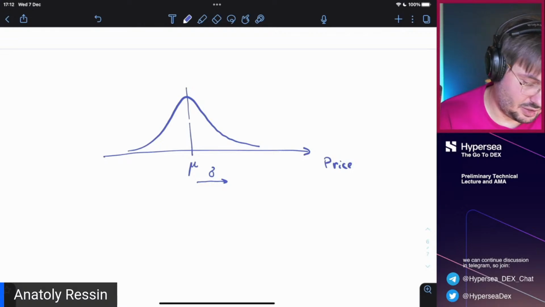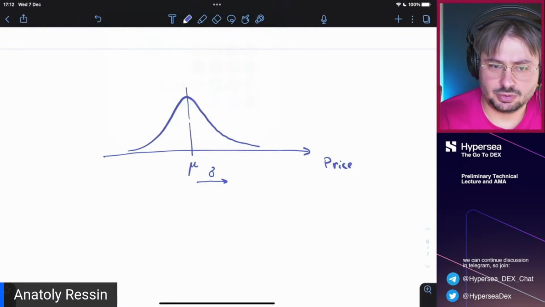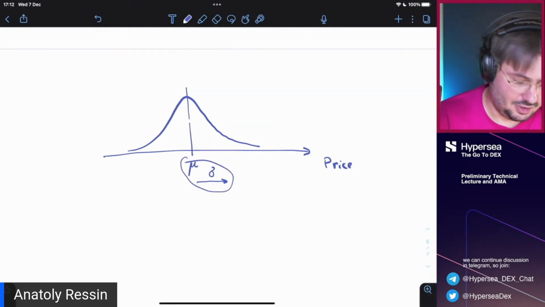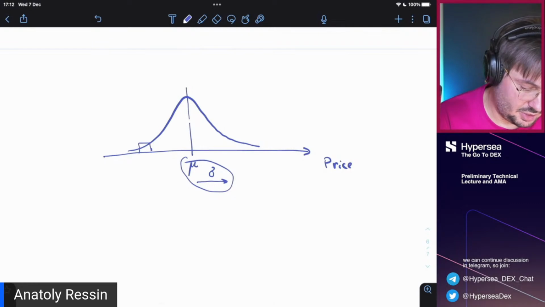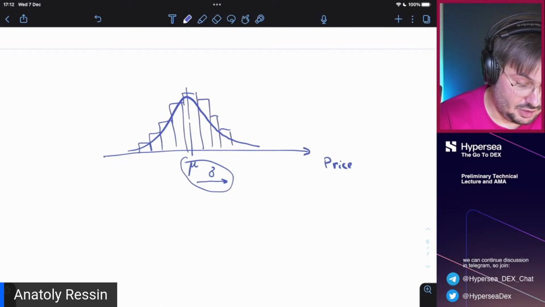And for Uniswap, if you want to distribute this liquidity, you need to calculate these things. Then you can calculate some bars, because you cannot put smooth things on Uniswap version 3.